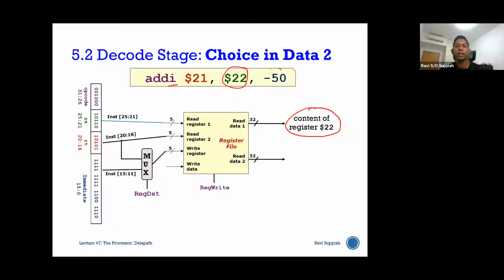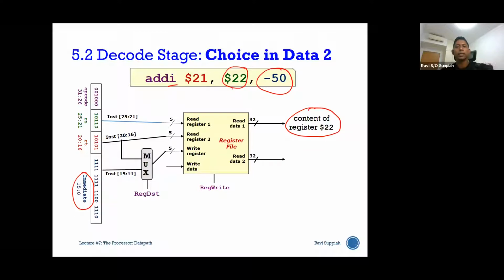It is specified in the instruction. So it is this immediate value over here. So when I go on to the next stage, I must be able to send the correct data to the ALU stage, so that it can perform this addition operation with the correct data.